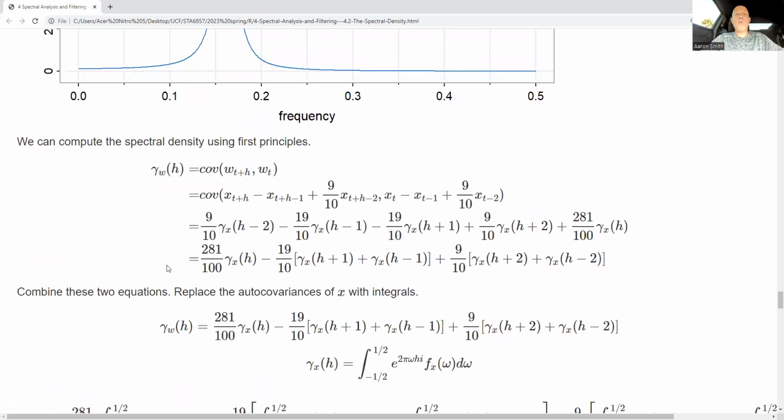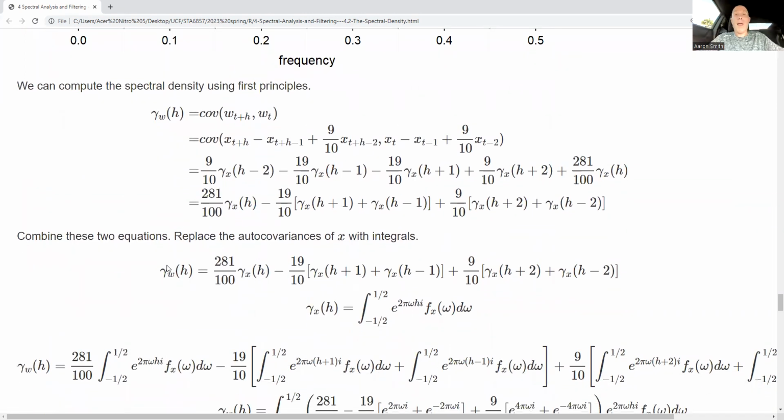Now we can compute this using lags also, easy peasy lemon squeezy, where we start by just taking the autocovariance function here, and then I'm going to replace the white noise with the autocovariance side of the equation, and then I'm just going to start slugging this out.